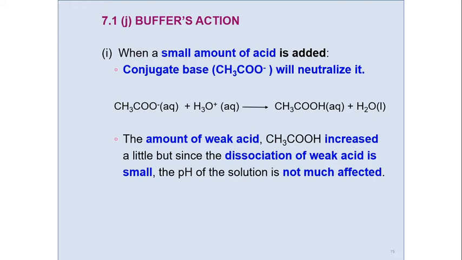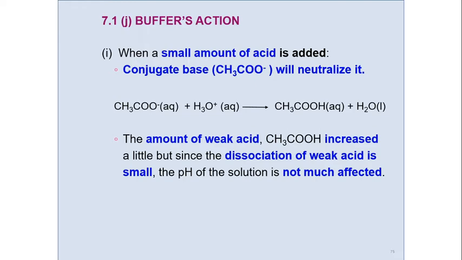Disebabkan walaupun equation yang atas ni menghasilkan CH3COOH, tapi disebabkan CH3COOH ni ada dissociation yang sangat kecil sebab dia adalah weak acid, maka pH solution pun tak akan berubah banyak.